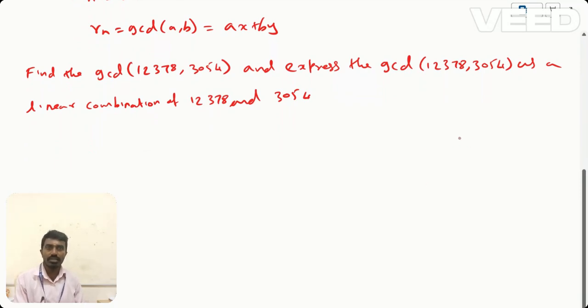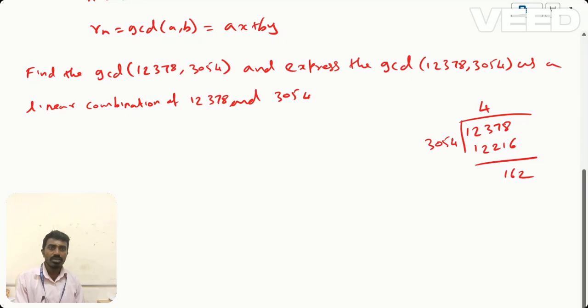Here the greater number is 12378. Now divide this by 3054. Then you get quotient 4. Now if you multiply 3054 by 4, you get 12216. Now the remainder is 162.